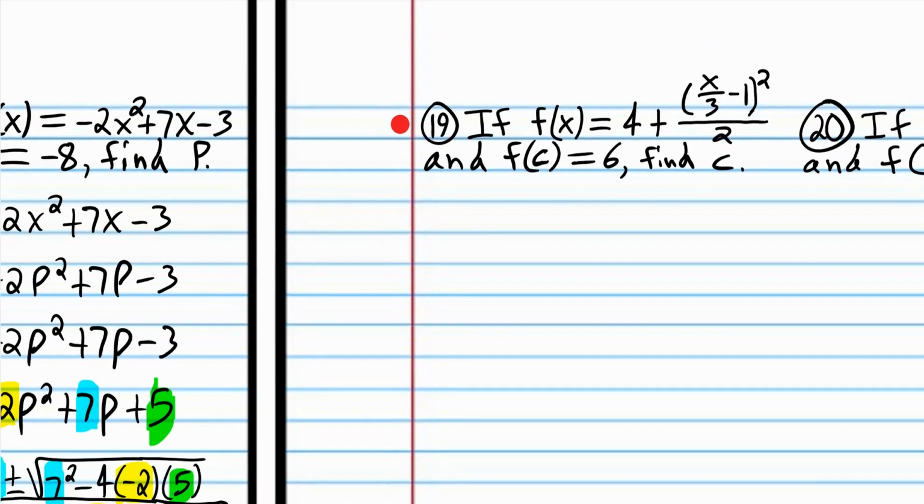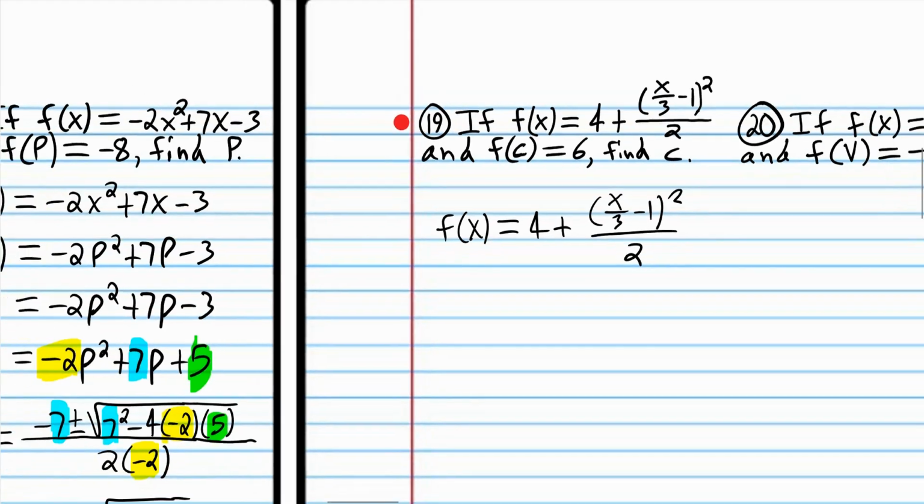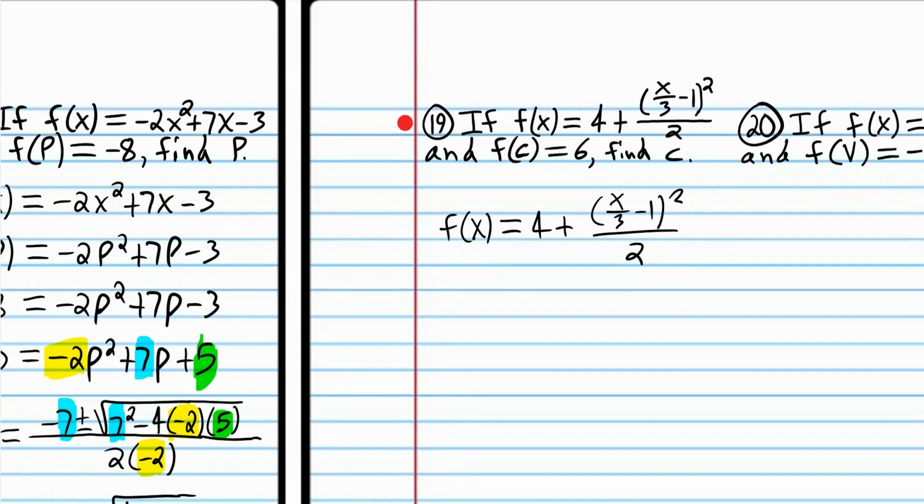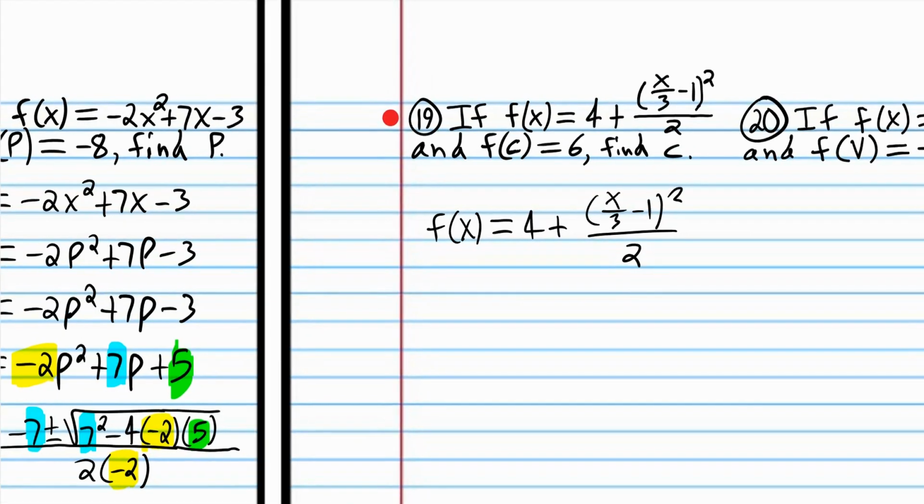So we're told if f of x is equal to 4 plus x over 3 minus 1 squared over 2, to find c if f of c is equal to 6. So it's the same type of problem.